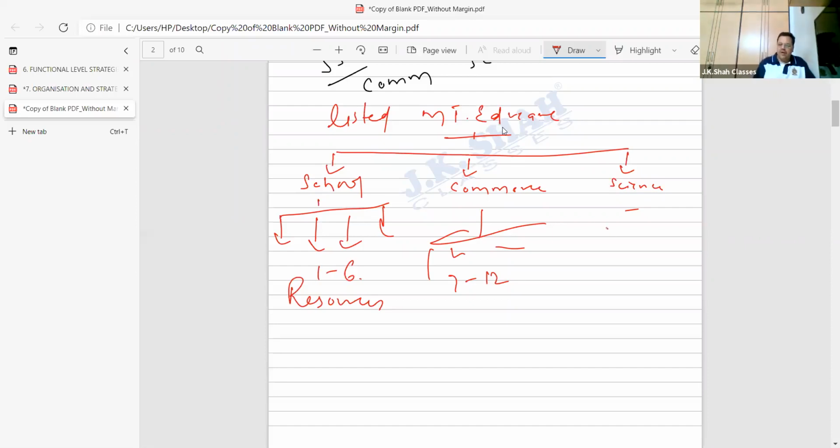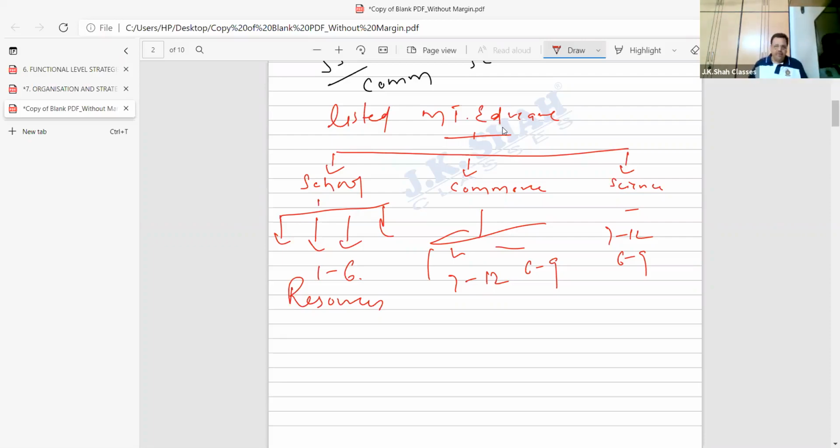Science lectures likewise 7 to 12. You got the point I'm saying? And some evening colleges will take lectures from 6 to 9, same over here. So we are using our resources to the best possible capacity, increasing our profits. And when profits increase, the size of the business expands. Now they may ask, what is a multi-divisional structure?